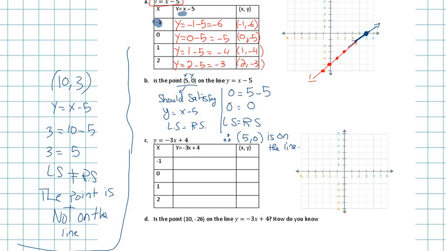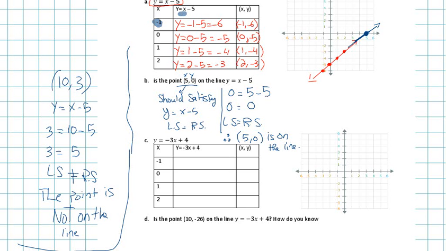Alright. Now let's look at another equation. We're still doing the same thing, but this is a new equation. So the equation is y equals negative 3x plus 4. I gave you values of x. We're going to have to find the values of y.